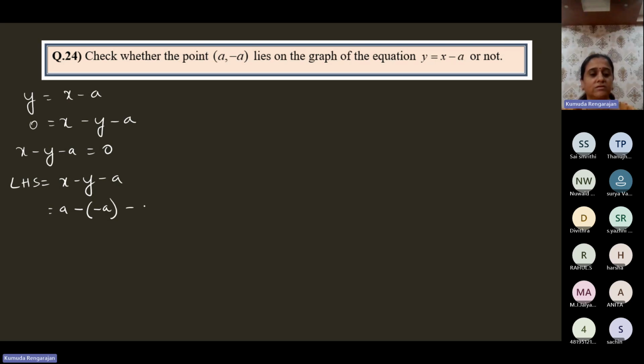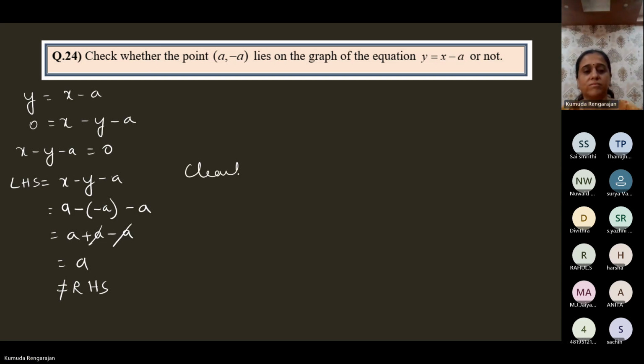And then this minus a, which is already here. So you get a plus a minus a plus a minus a. Plus a and minus a cancel. So it is a, which is not the RHS, because the RHS is 0. So LHS is not equal to the RHS.